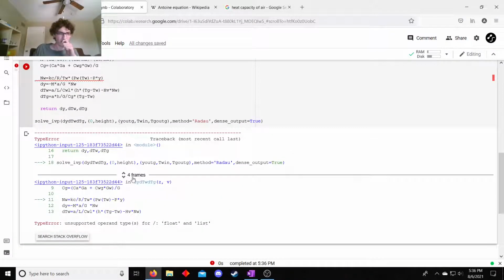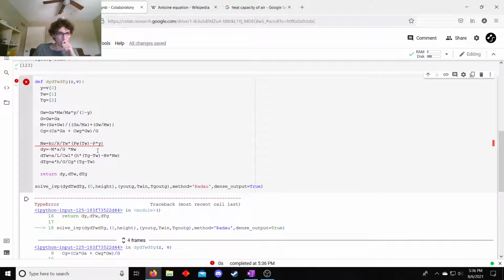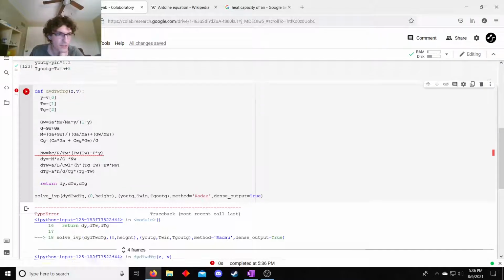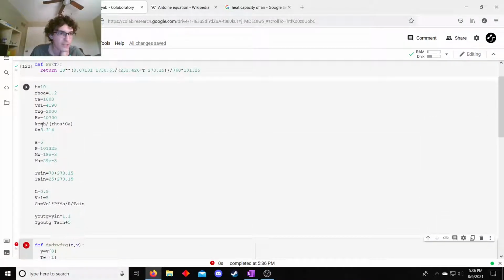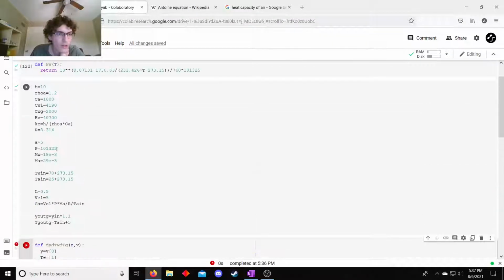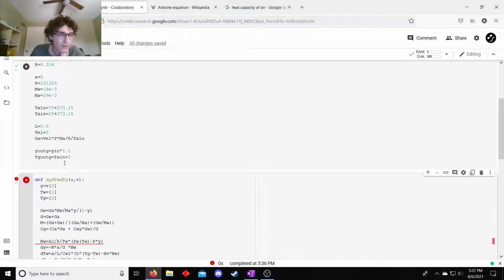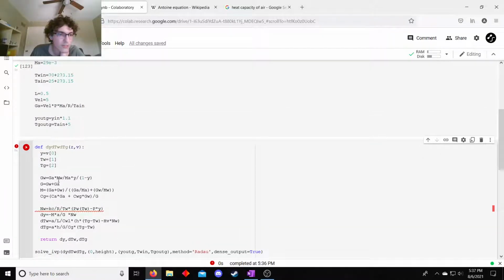Let's see, what is the issue here? Unsupported operand types. So I must have something in incorrectly. So KC equals H divided by that divided by times that. Okay, R, well, R is correct. TW is right.